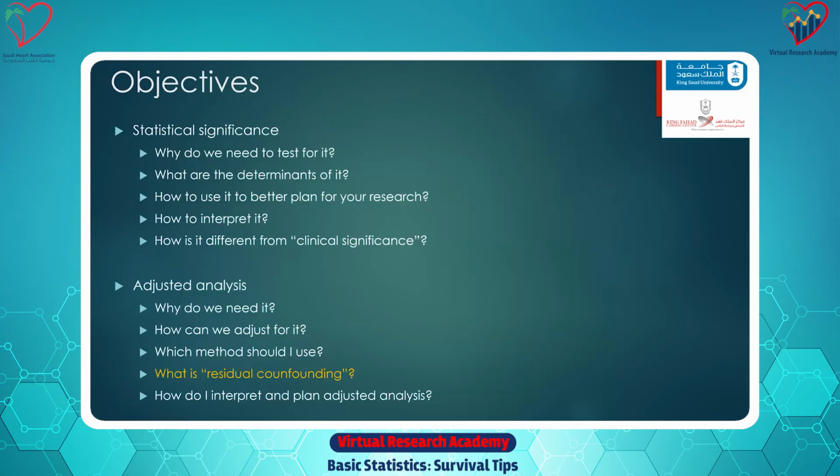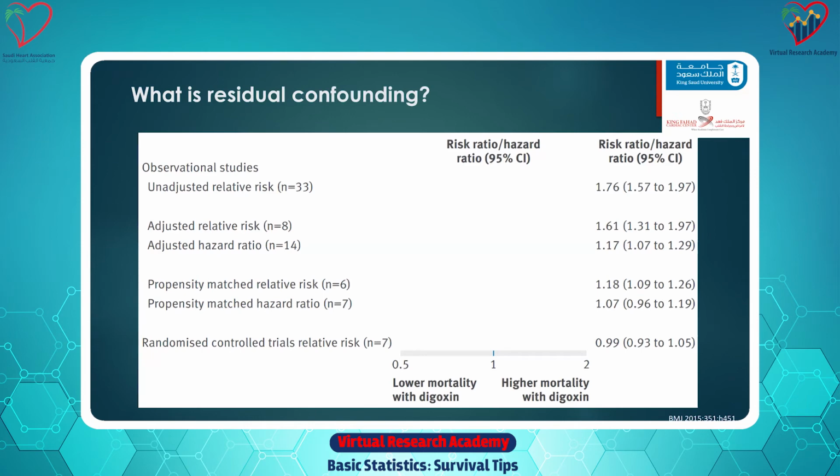All right. Next is, what is residual confounding? And I'll tell you about a very interesting study, again back to digoxin and mortality, to explain residual confounding. I told you that this issue of whether digoxin is associated with mortality has created a lot of confusion, and there are just so many studies looking at this question.